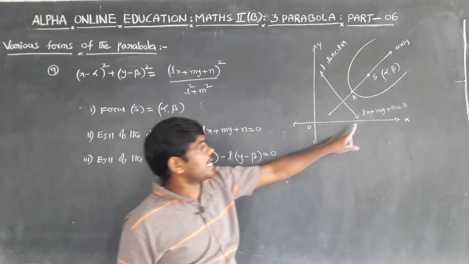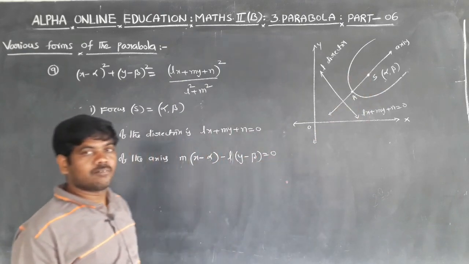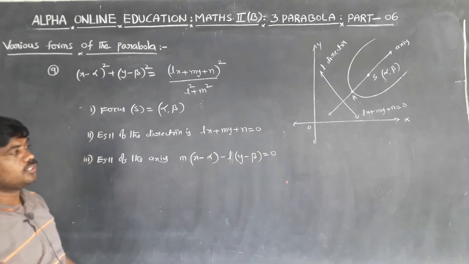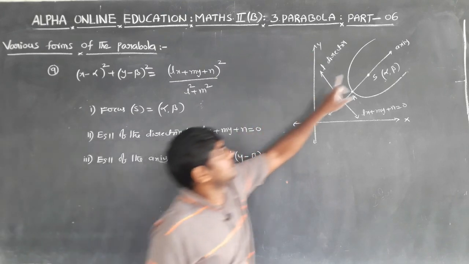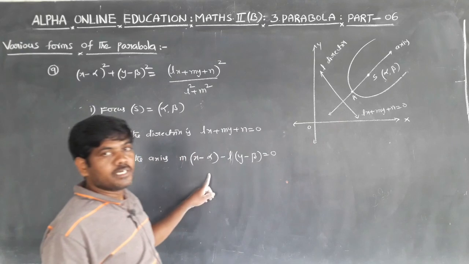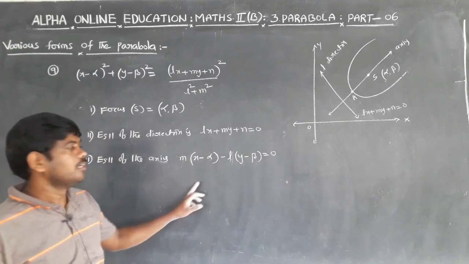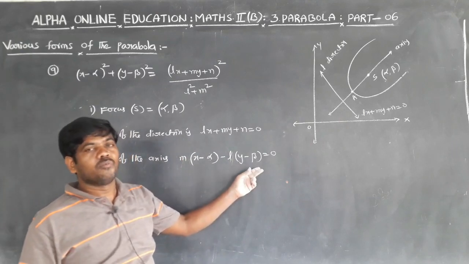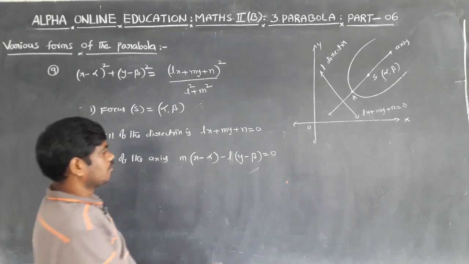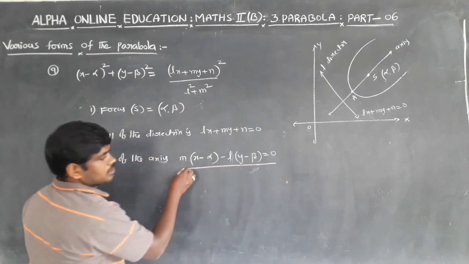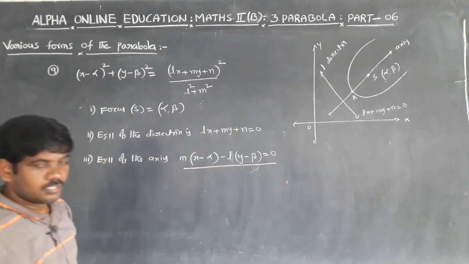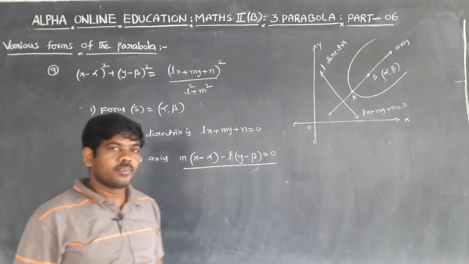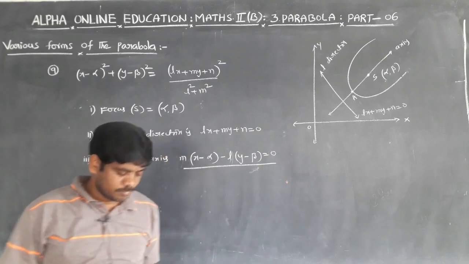Equation of the directrix lx plus my plus n is equal to 0. Equation of the axis m into x minus alpha minus l into y minus beta is equal to 0. These are the formulas. These are the 9 various forms of the parabola.